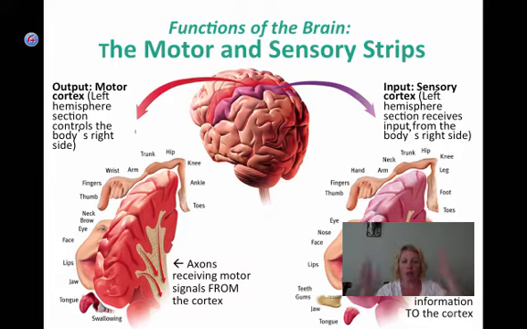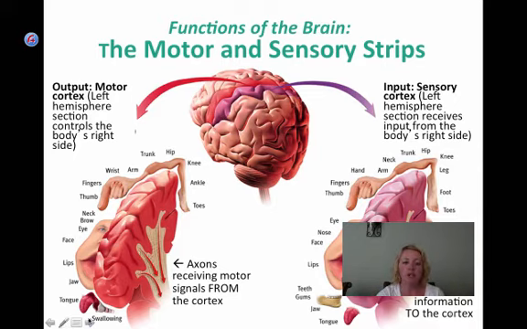And again, with the whole hemisphere specialization, the left hemisphere controls the right side of your body. The right hemisphere controls the left side of your body. Now, each of these strips has dedicated areas on them corresponding to either a motor area of your body or a sensory area of your body.